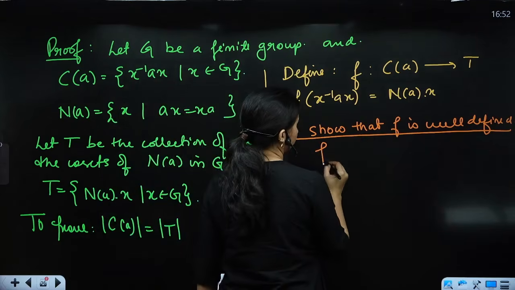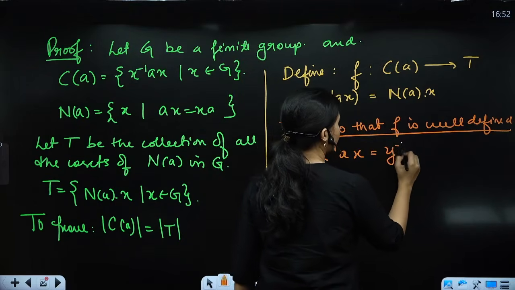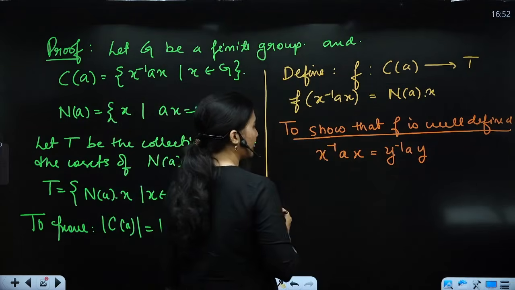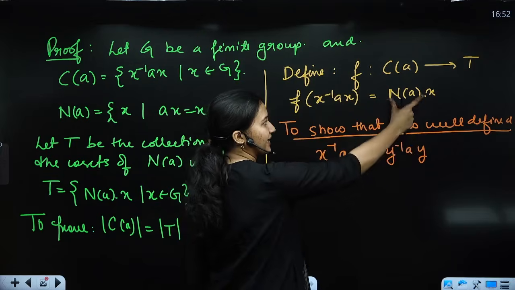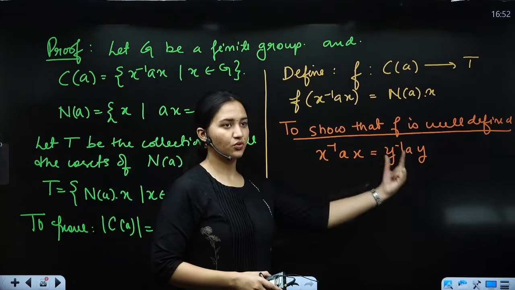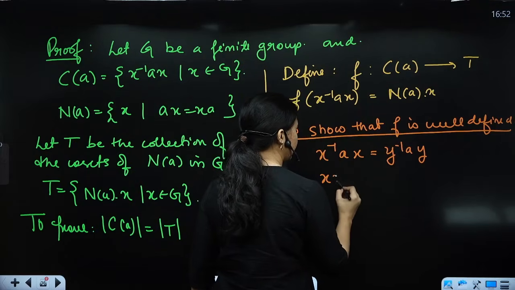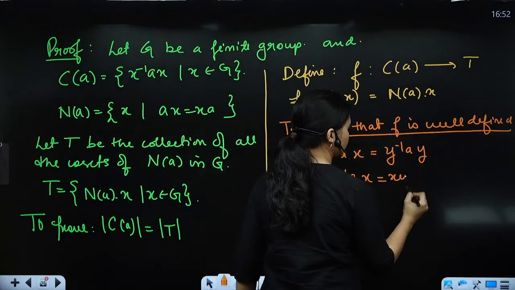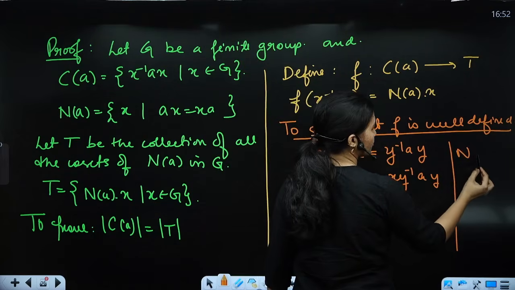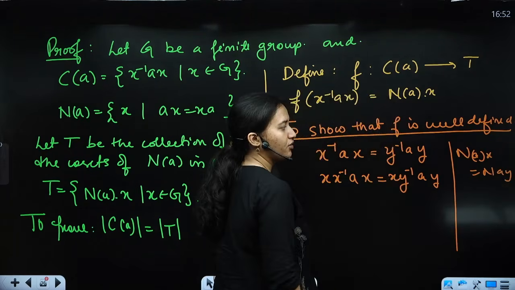So this implies that x inverse a x equals y inverse a y. If this is happening, then the outputs of these two elements must be the same, right? Now where do I have to take them? To the outputs, that means to the cosets, right? So I will try to make cosets on both sides and show that they are equal. Now we can write it as x inverse a x equals y inverse a y, right? On the side just write that you want to show, and later you can erase it, that NA x is equal to NA y.